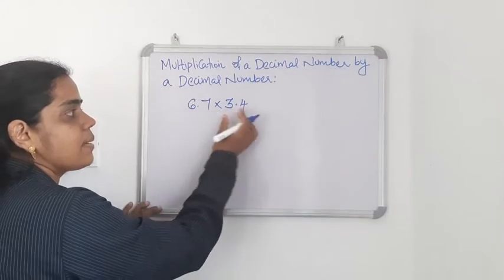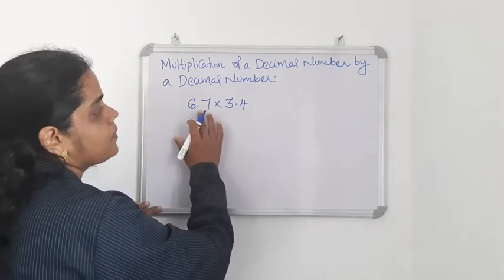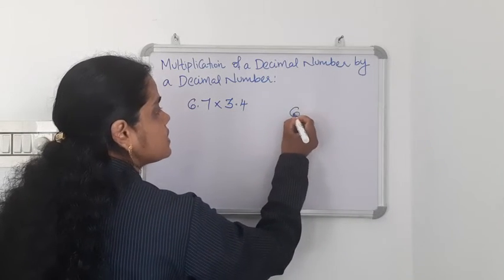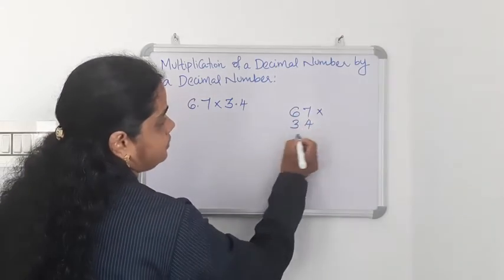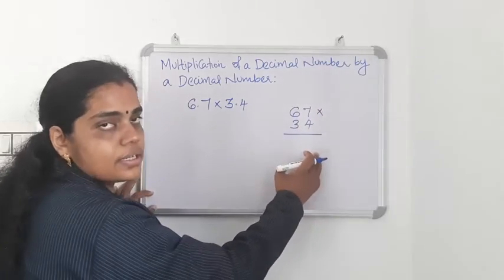This is a decimal number, this is also a decimal number. Just like the same method, without considering the point, we write the numbers. What are the numbers? It is 67 into 34. Avoid the decimal, so the numbers are 67 and 34.